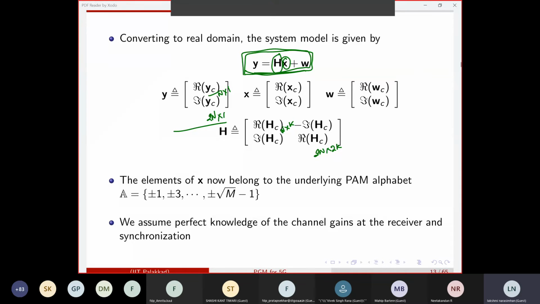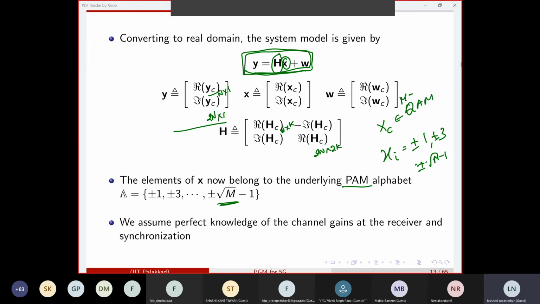What we say is this x now belongs to a set of pulse amplitude modulated constellation. That is, each xi is plus or minus 1, or plus or minus 3, or something. The maximum size of the constellation is m. Then xc belongs to some QAM, that is, it belongs to m-QAM.